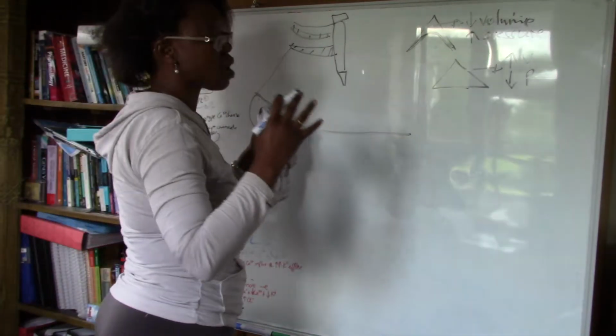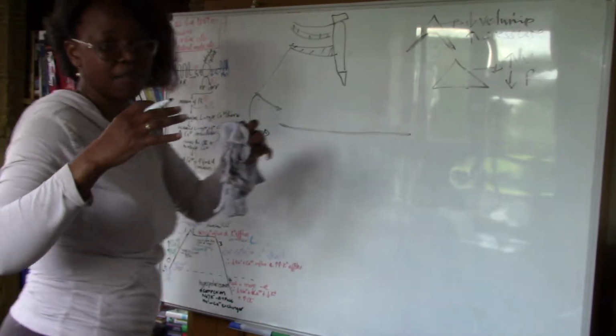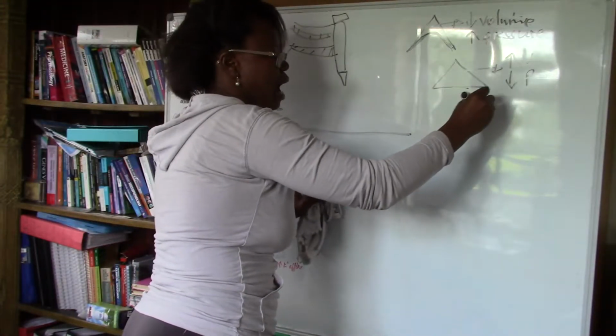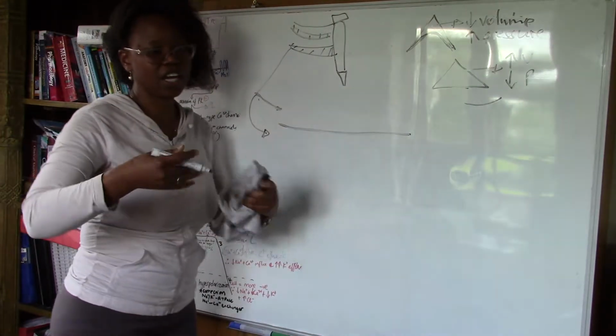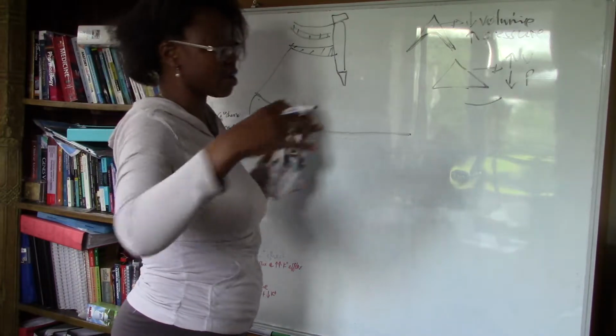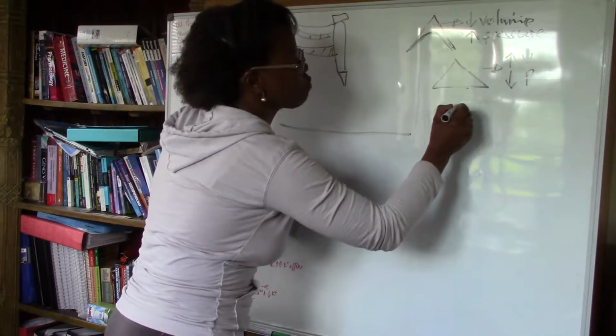Remember, when the intercostal muscles contract, they actually lift the ribs up and away, increasing the volume of the thoracic cavity.